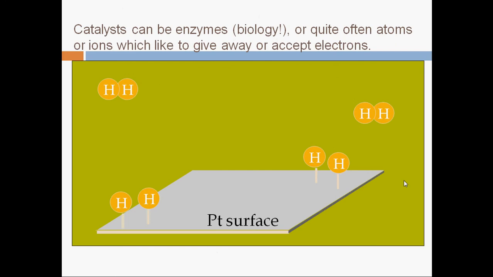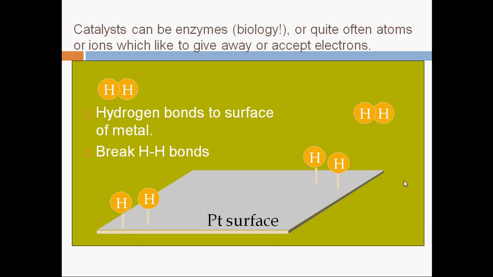Here, for example, we've got a platinum surface. This is one example of a catalyst that could be used. In biology, you probably heard about enzymes that serve as catalysts as well. So we can see on the atomic level what a catalyst is really doing. Right now, this plate of platinum is serving as our catalyst.